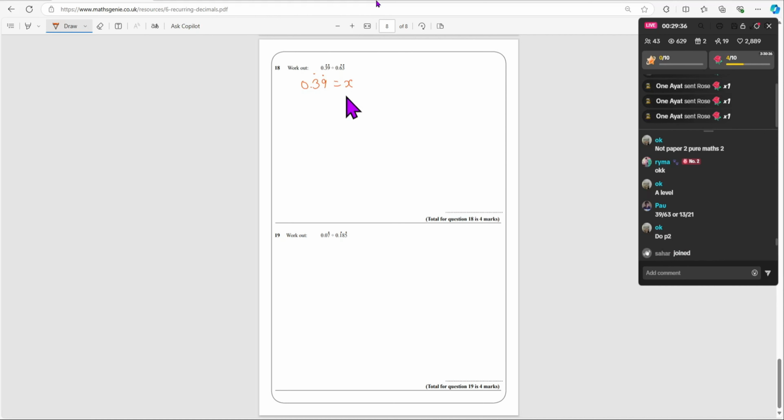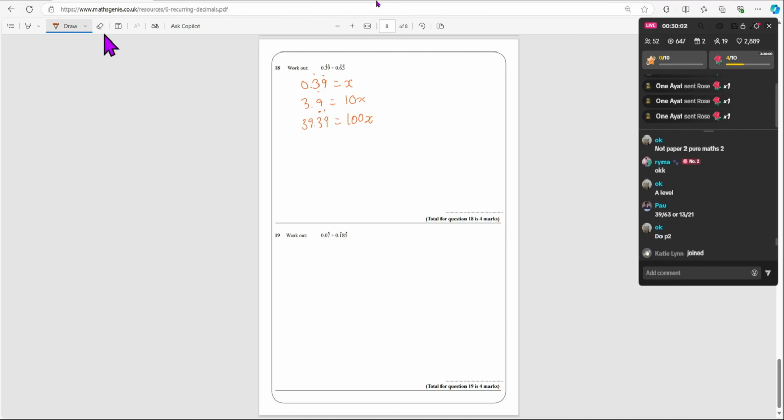And then we'll write 10x, multiplying by 10, which is going to give us 3.9 recurring. So then we know that 100x is going to be equal to 39.39 recurring.